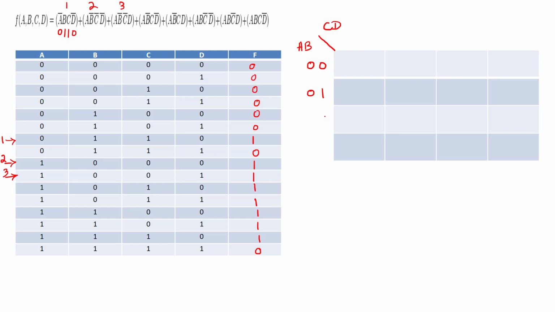The third row here, I cannot label 1 0 because in that case, both A and B will change their values. So I will keep B at 1 and I will change the value of A from 0 to 1. So now only the value of A has changed, B stays the same. And the last combination that is left is going to be 1 0.